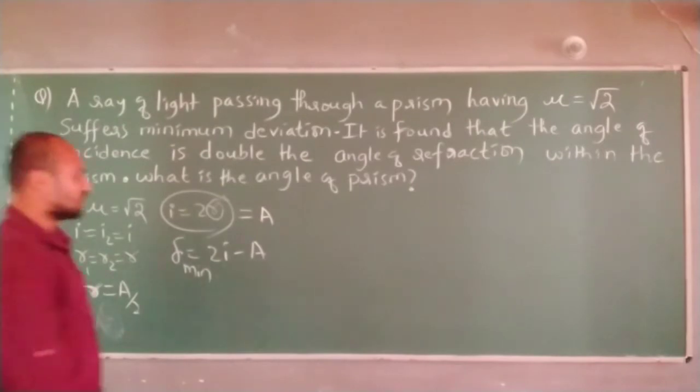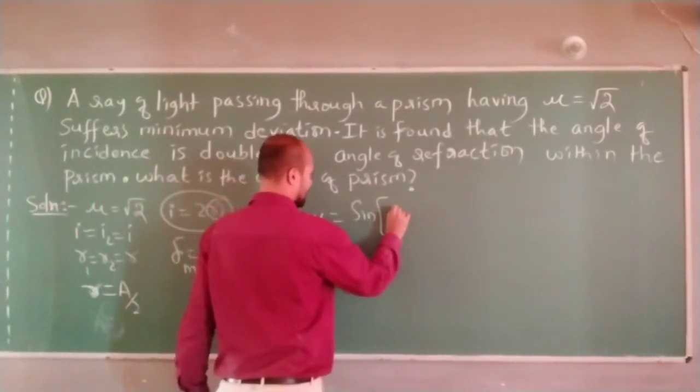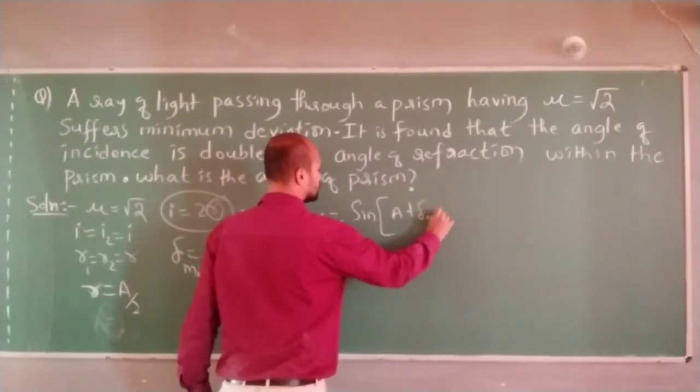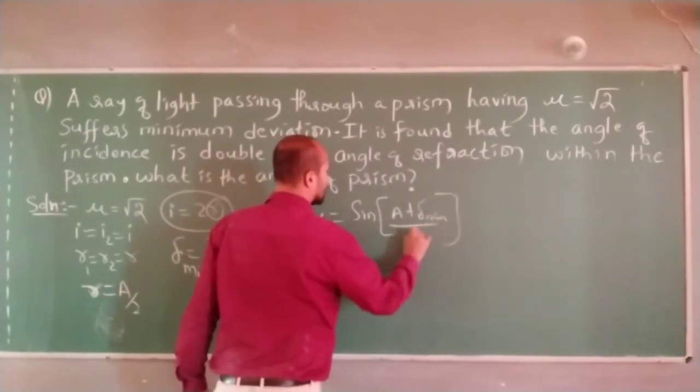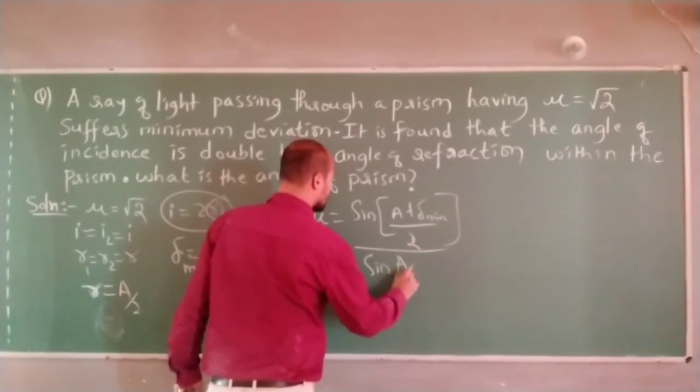What is being asked? Find A. Refractive index, when minimum deviation is there, is sine of A plus delta minimum divided by 2, whole divided by sine of A by 2.